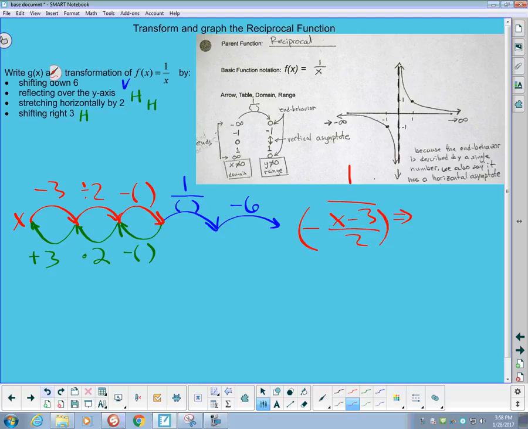So what that actually does is it flips that fraction over, makes it negative 2 over x minus 3, and then we subtract 6 from that. So that is our final function. The g of x that we're looking for is negative 2 over x minus 3 minus 6.